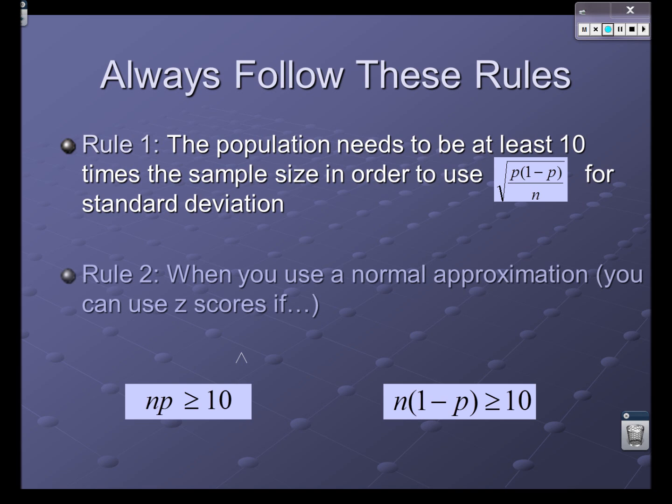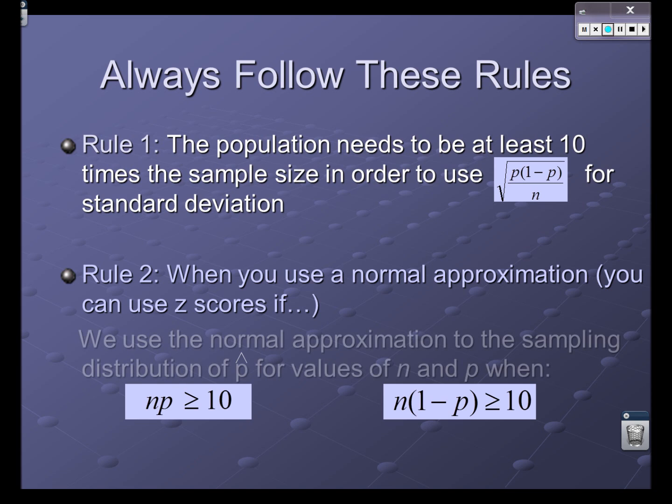Rule 2: if I'm going to use normal approximations, aka z-scores, the two following things have to hold true. n times P has to be greater than or equal to 10, and n times 1 minus P has to be greater than or equal to 10. These rules are checking to make sure that your sample size is big enough, but at the same time, not too big.